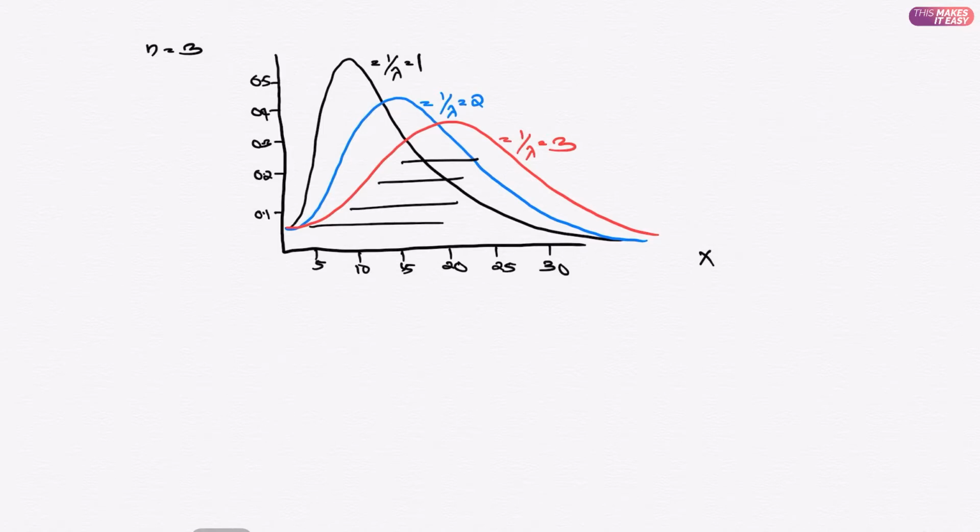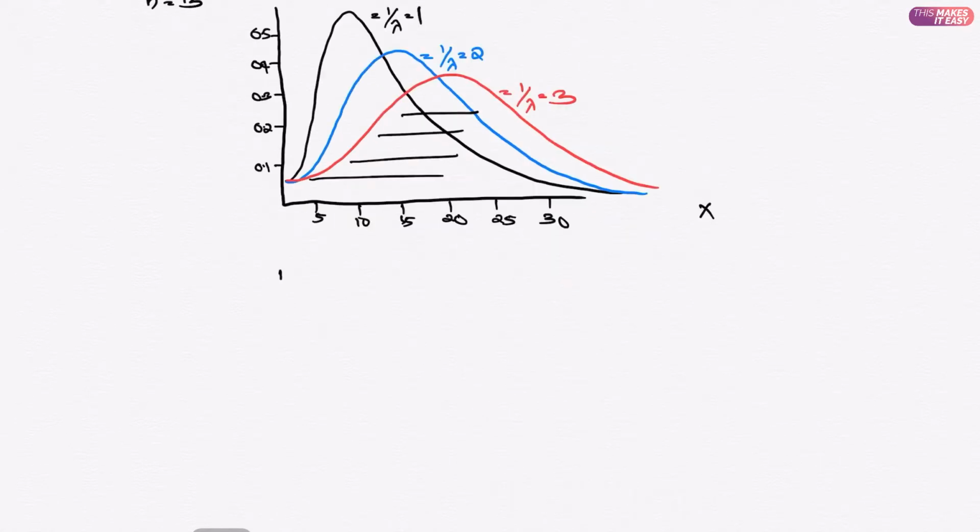Now we can consider the second case where we are fixing the mean waiting time 1 by lambda and changing the number of events.